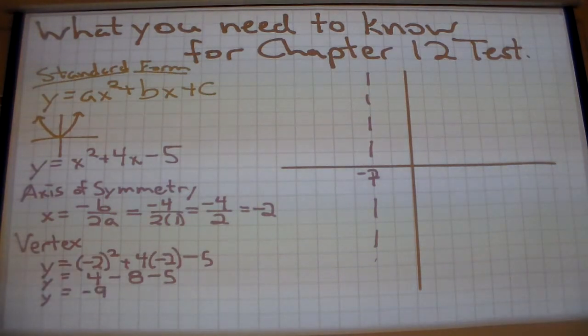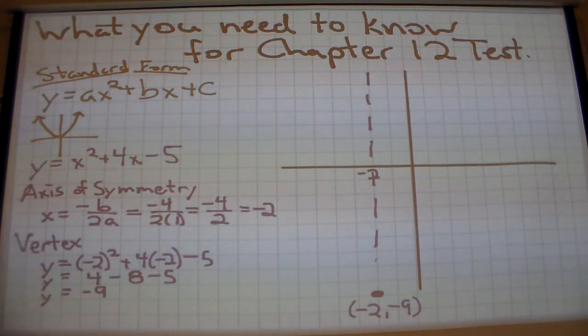So that tells us on the vertical line of negative 2, we have to go down 9 to get to our vertex. So that's negative 2, negative 9. In most cases, once you know the vertex, that's the biggest piece.